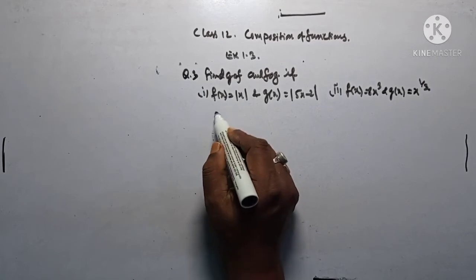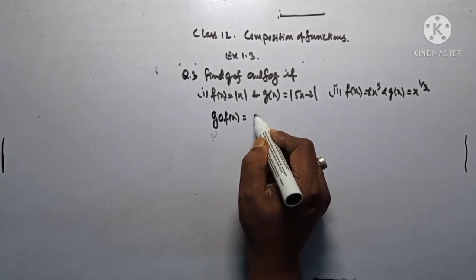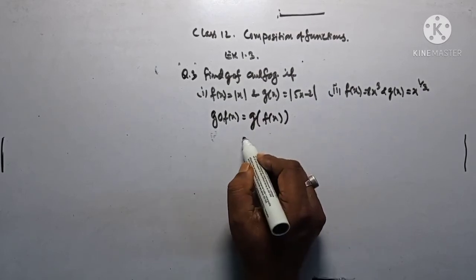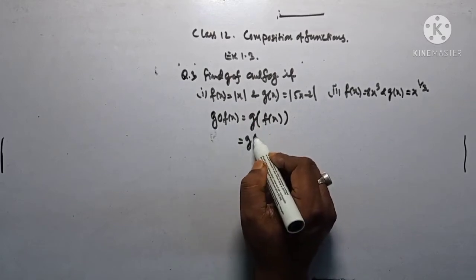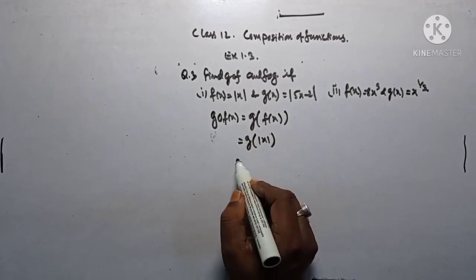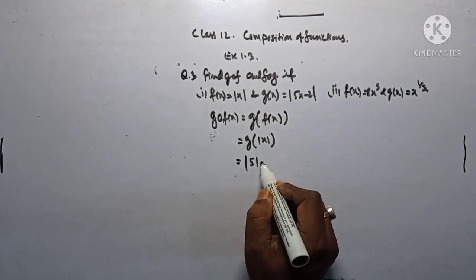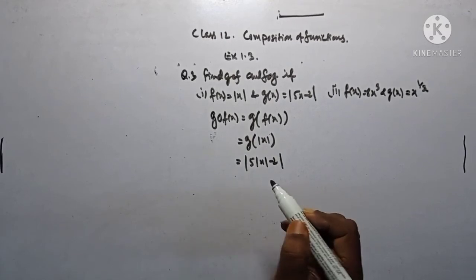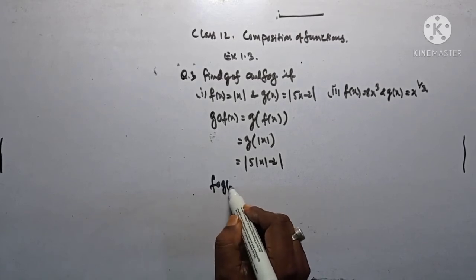Let me find g of f(x). Here f(x) is modulus x, so this becomes x in g, giving modulus of 5 modulus x minus 2. Similarly, you can find f of g(x).